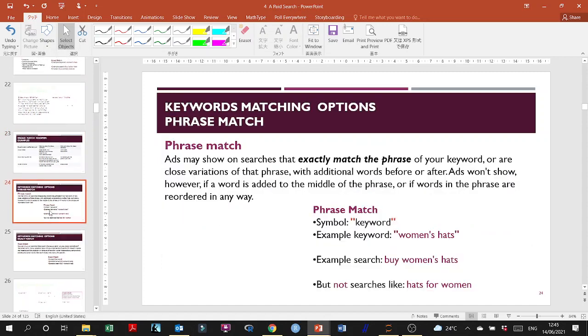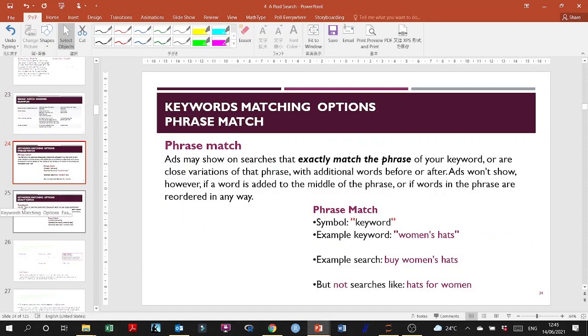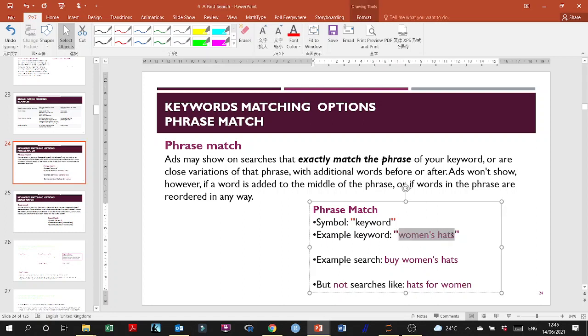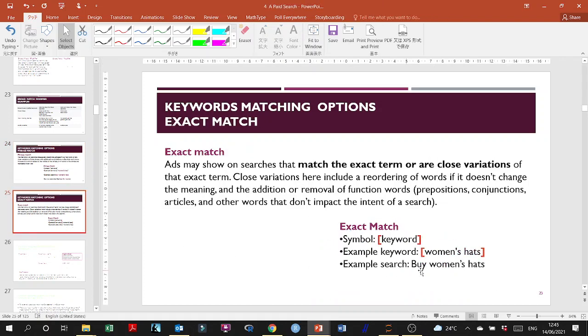Now, the idea with the phrase match and the exact match: phrase match is in fact the phrase without changing of order. An example search would be buy women's hats. So women's hats will be there. I'm sorry.